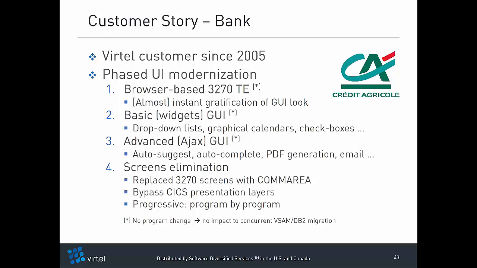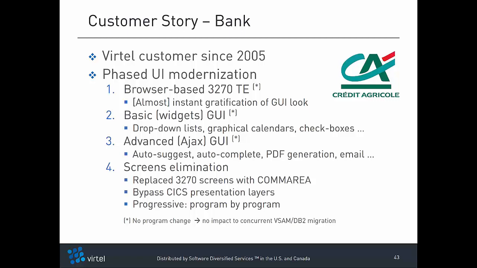Also, they deployed from the get-go a customized CSS cascading style sheet so that their screens would look like a Crédit Agricole web portal, despite providing traditional 3270 terminal emulation ergonomics. In other words, the look, but not the smarts, of a modern GUI.